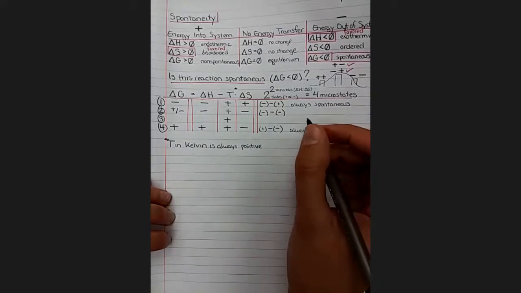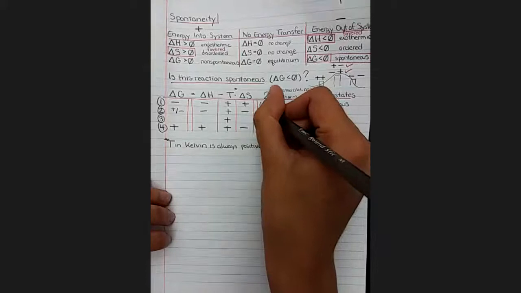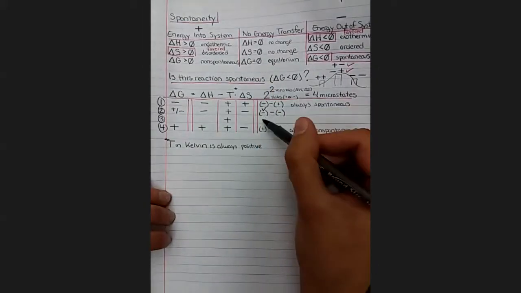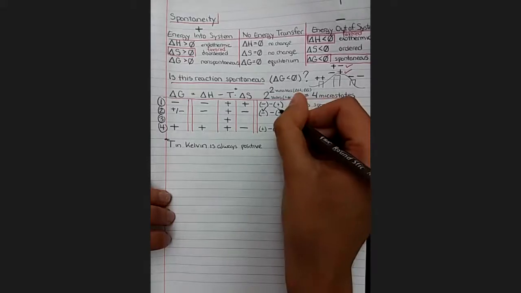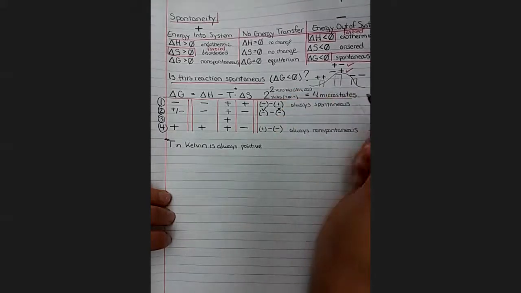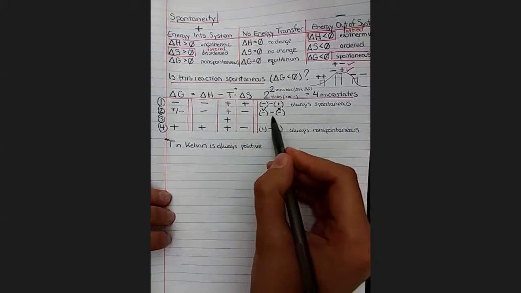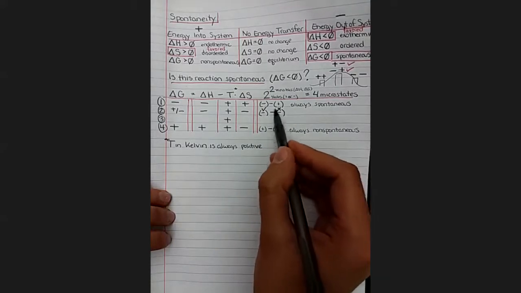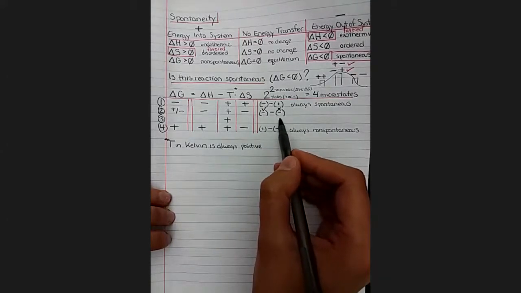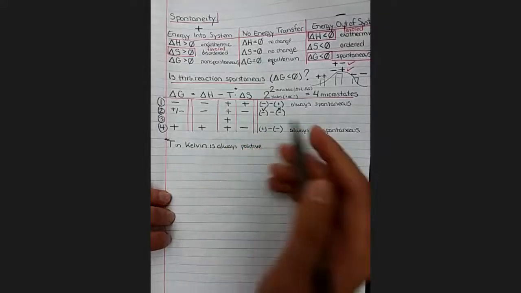So what we really want is we really want to have a negative delta G. So we really want this negative term to be the biggest and this positive term to be small. So if we want to make this term with the T delta S small, then we want to make the temperature a low number.